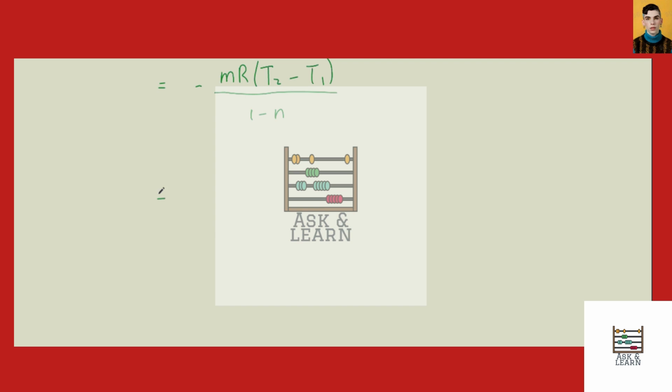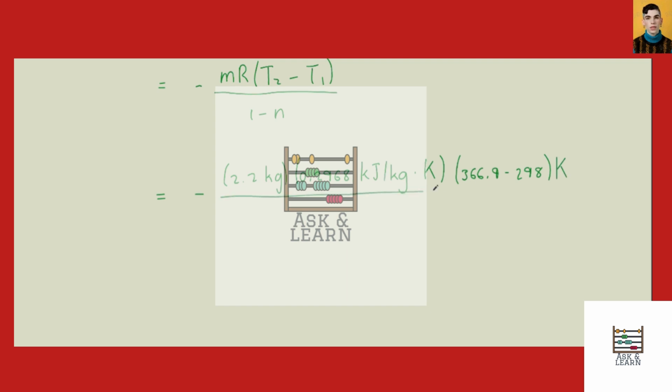So now we can substitute our values in here. The mass of nitrogen is 2.2 kg times the gas constant we said was 0.2968 kilojoule per kg Kelvin. And the change in temperature T2 minus T1 is 366.9 minus 298 Kelvin.